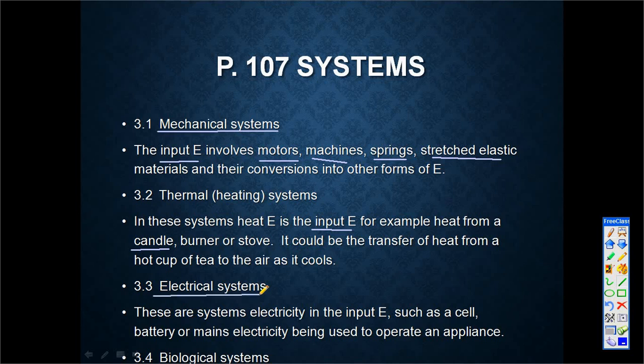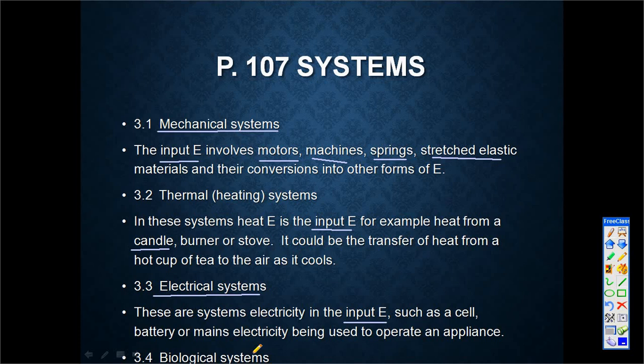Then everything that works with electricity, so the input energy is electricity. That is from, for example, a cell, a television, a stove, a microwave. All of those things are electrical systems because they work with electricity. Then lastly, the biological system.